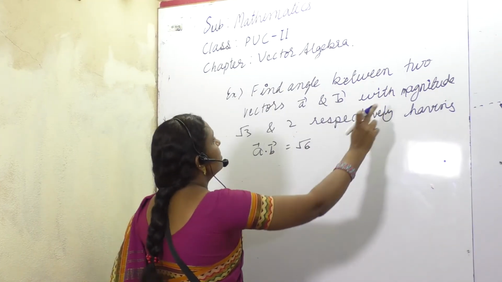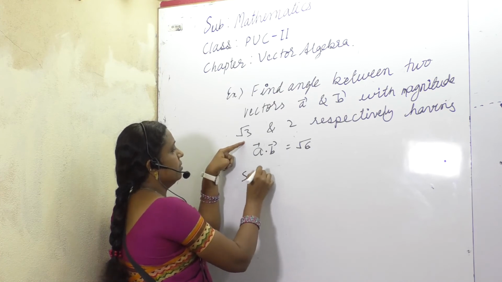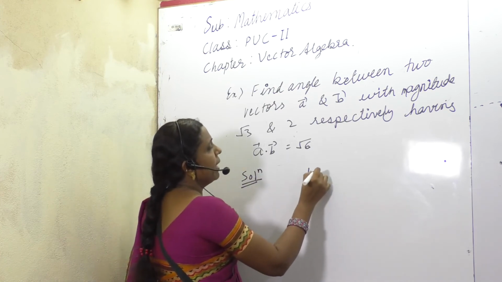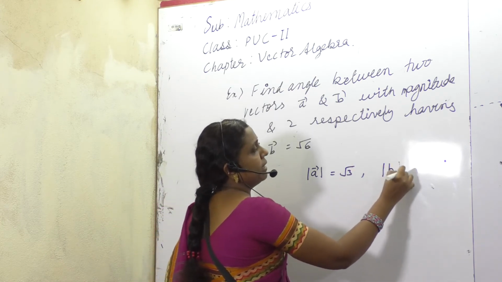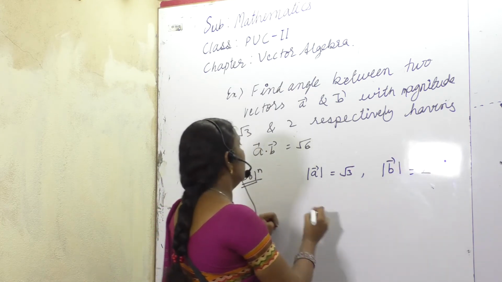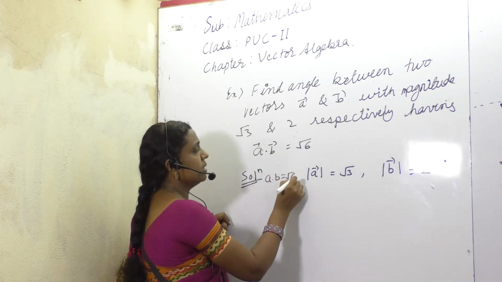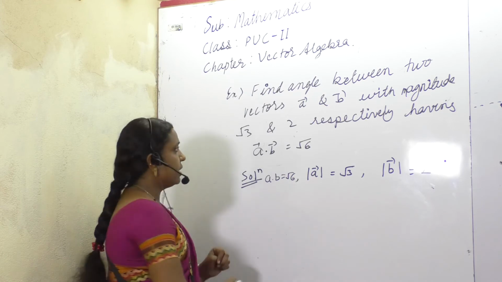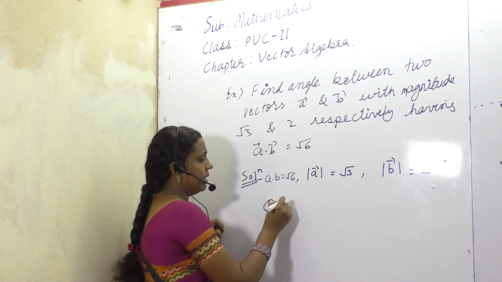So two vectors with the magnitudes are given here in the solution part. Magnitude A, or the value of A, is equal to root 3. Magnitude B is equal to 2, and A dot B is also provided, that is root 6. As you know, for the angle, which formula can you take?